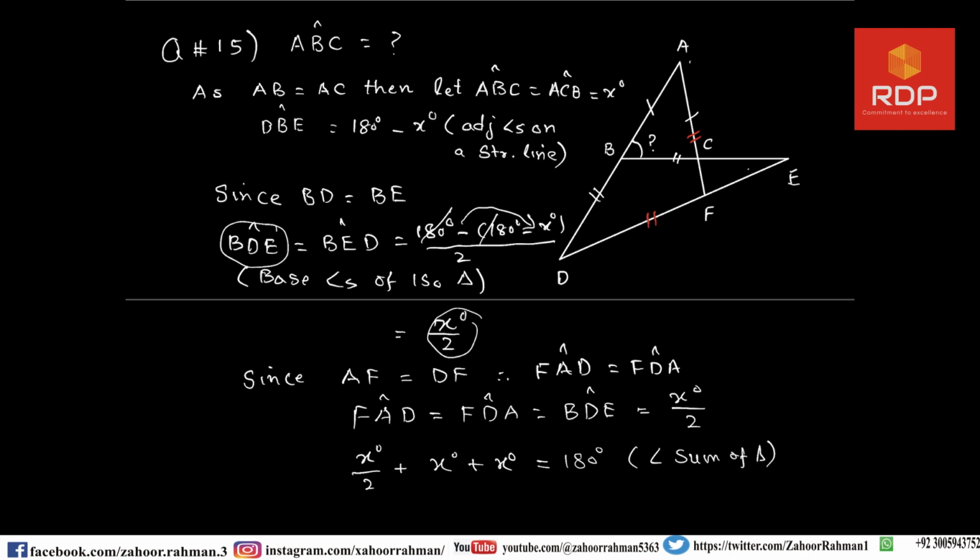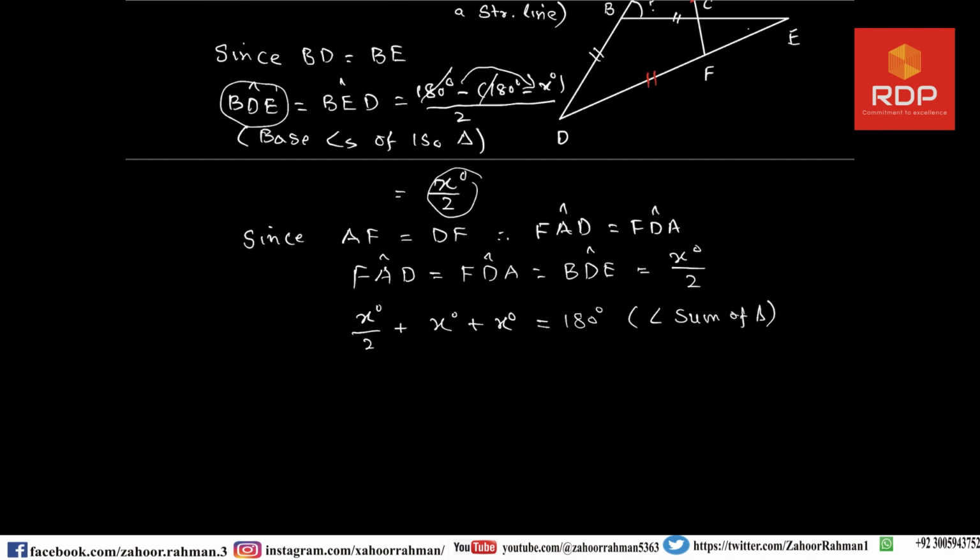So now if we are calculating these, that will give us 5 over 2 x degree, and it will be equal to 180 degree. So x degree will be equal to, when we divide both sides by 5 divided by 2, 72 degree, and that is the ultimate answer.